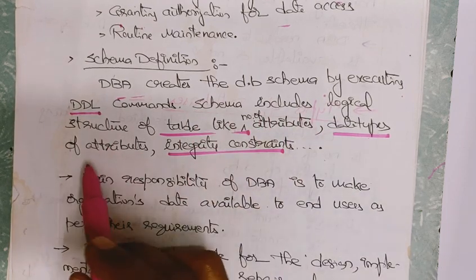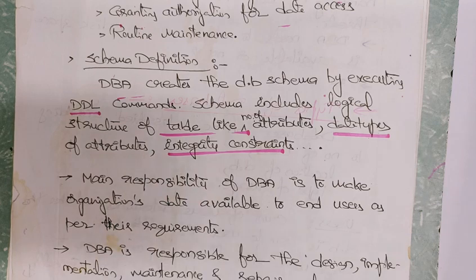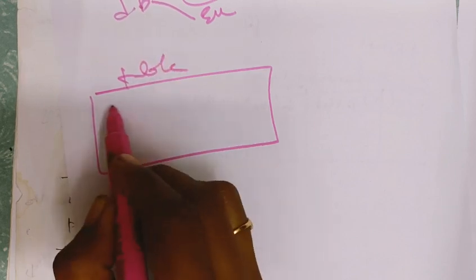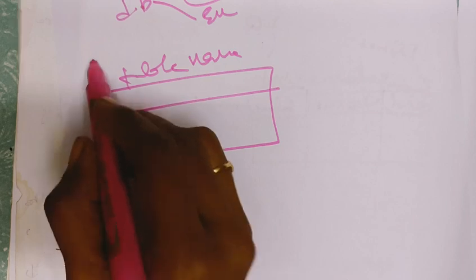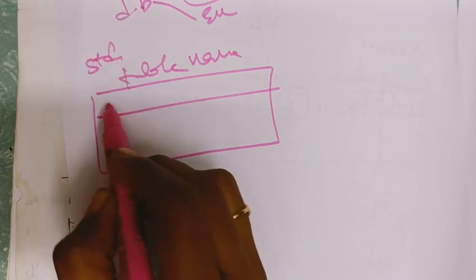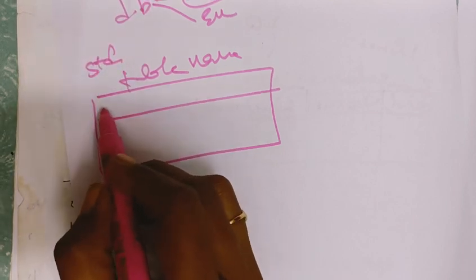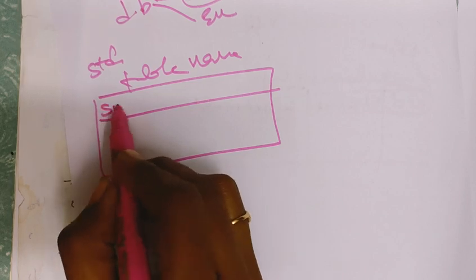Schema includes what? Schema just defines what the table is, what the table name is, and what attributes are used for the table. For example, a student table you have created. If you want to know the schema, what are the attributes used?